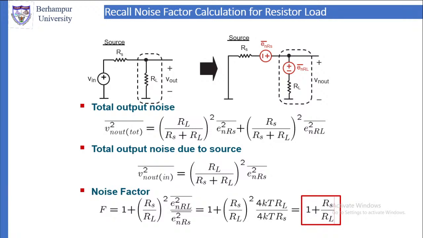Total output noise due to the source is covariance of input voltage, equal to (RL by RS plus RL) square into covariance of noise due to source. Noise factor F expression is 1 plus RS by RL.